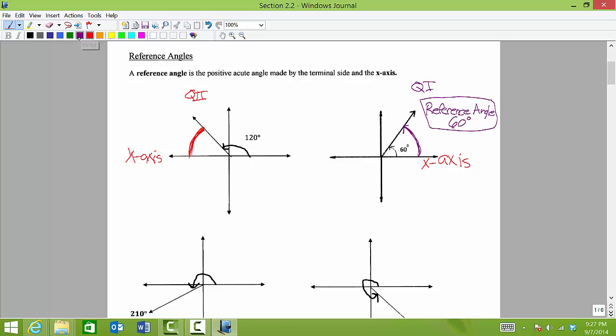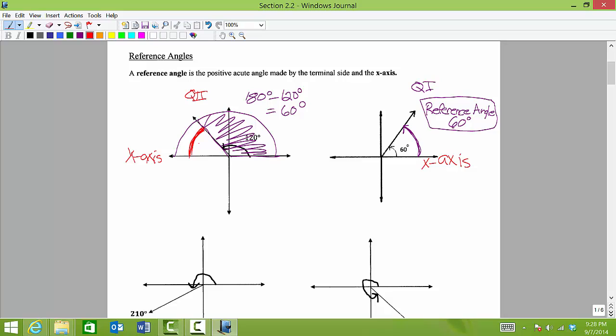Well, if I was to go from here all the way to here, of course that would be 180 degrees. Well, I don't want all the way from here to here. I actually only want this red portion. So we actually want to get rid of everything from here to here. Well, if I get rid of that, that's actually 120 degrees.